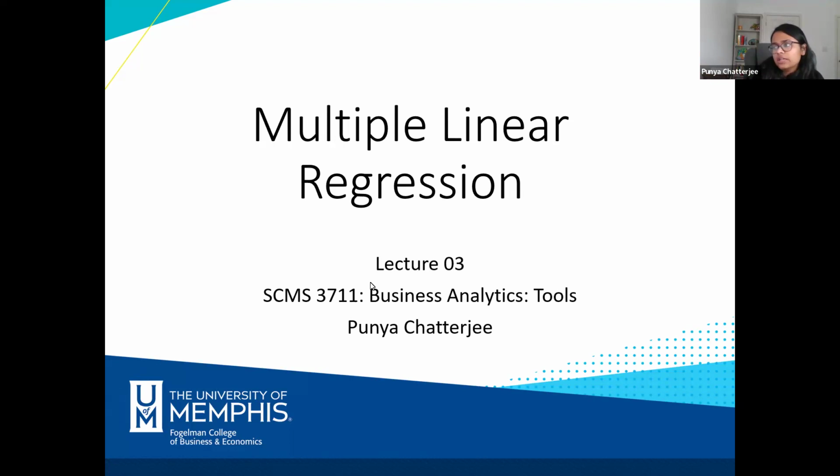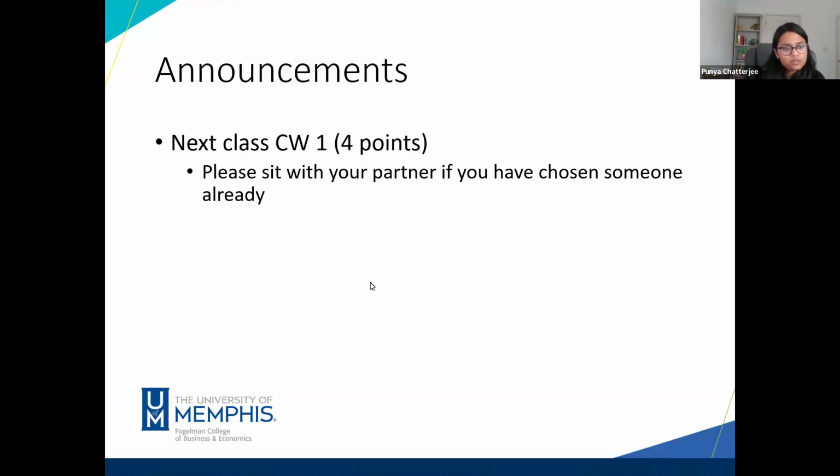All right. So next class is going to be our first in-class classwork. If you have already sent me an email saying I want to be working with this person, you are good. I'm going to put you in a group with that person. Or if you have told me that you want to work alone, that's also fine. But if you haven't, I'm going to pair you up with whoever you are sitting with, basically.